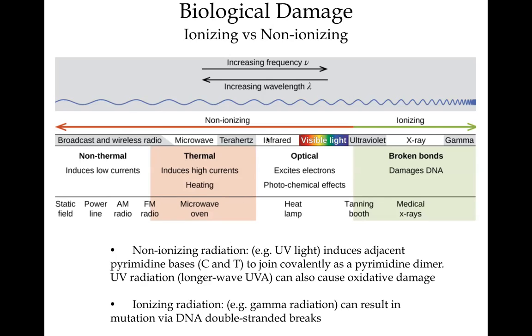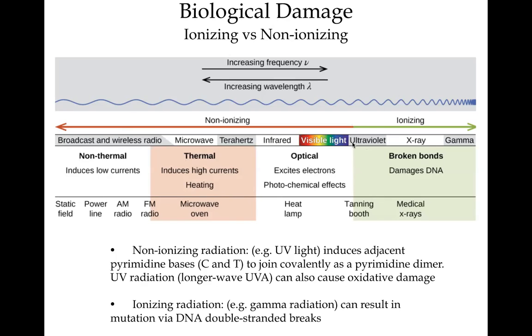And interestingly, UV radiation kind of flanks these two forms, okay? So UV radiation, which comes from the sun, can be non-ionizing or ionizing depending on what the frequency is.